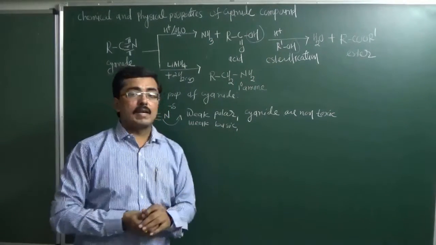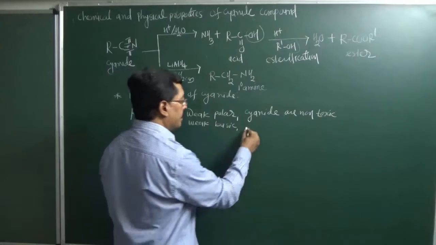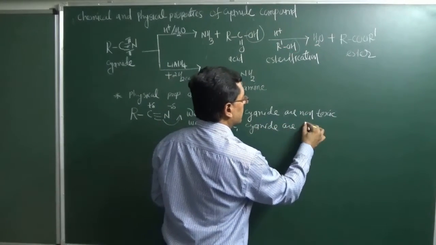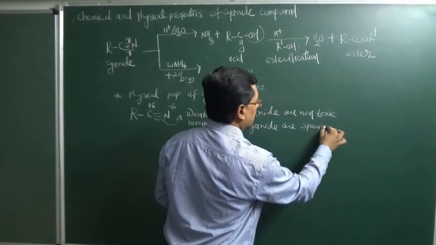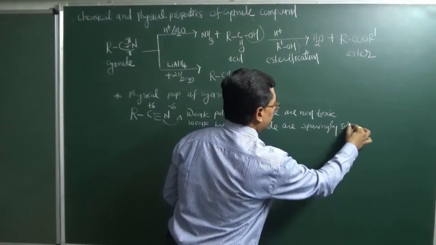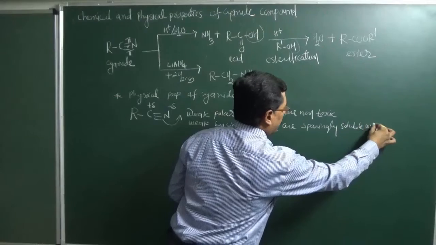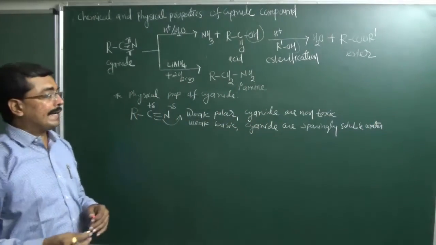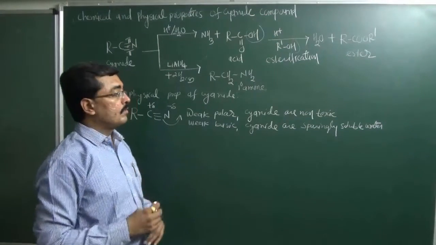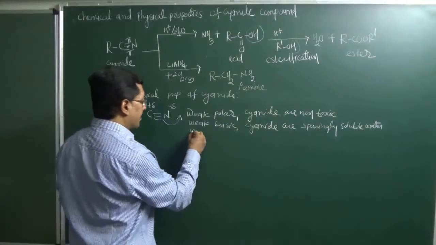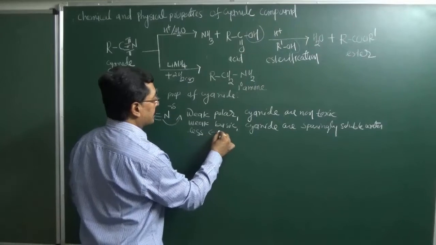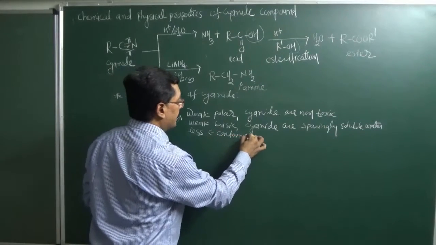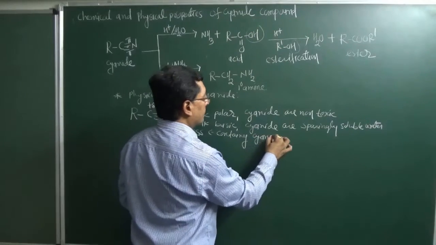So we have to write that cyanides are non-toxic in nature, and cyanide compounds are sparingly soluble in water. So in water their solubility will be less. Particularly, cyanides containing more carbon are less soluble in water, but we can write this also: cyanides containing less carbon are water soluble.